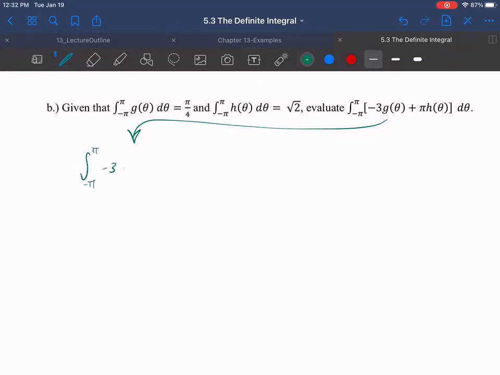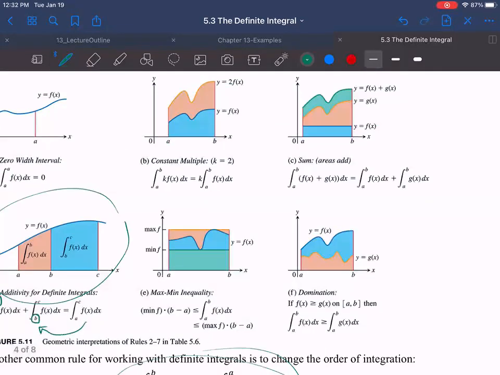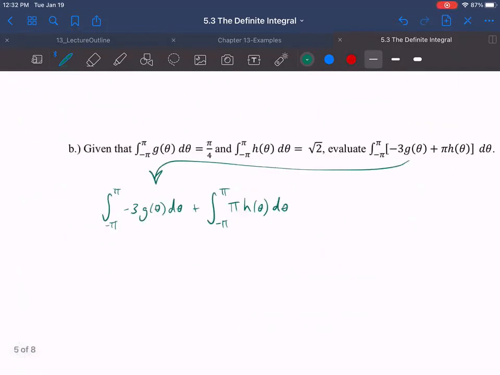So negative 3 times g of theta d theta, and then plus the integral from negative pi to pi of pi times h of theta d theta, right? That's our rule where we can split it, right? Which rule was that? That was this one right here, C. Okay, so we split them.